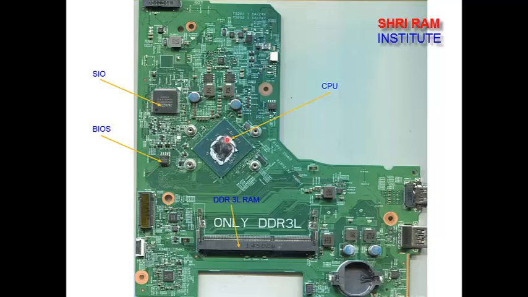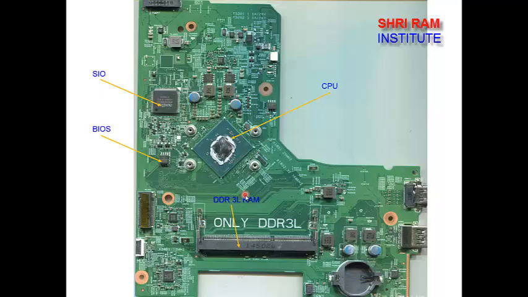So in this motherboard, if the display is not coming, first try to heat the motherboard. Try with the BGA machine, or try to heat with the OTG oven at 125 degrees for 20 minutes.